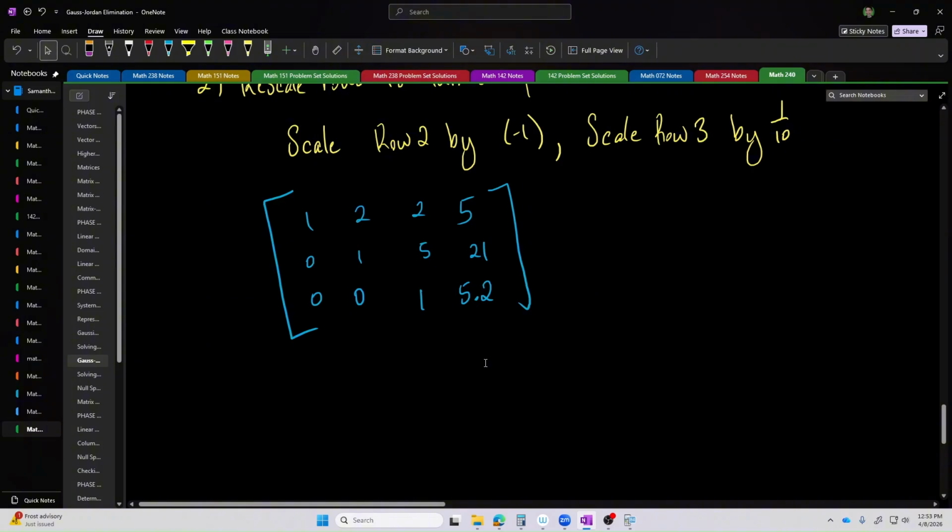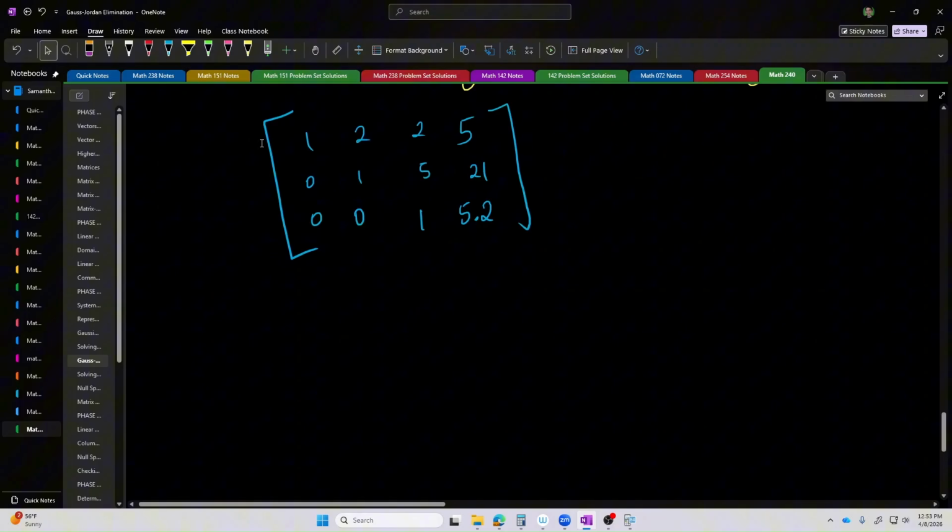The major difference is that with Gaussian elimination, we started on the left end of the matrix and worked our way toward the right. Here, we're going to start on the right side of our matrix and work our way toward the left as we clean those non-zero values out.